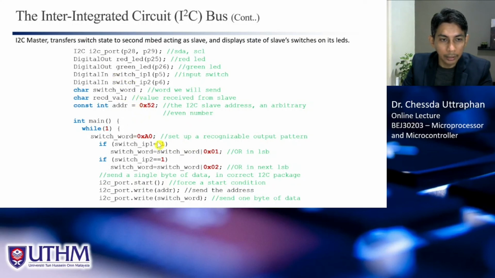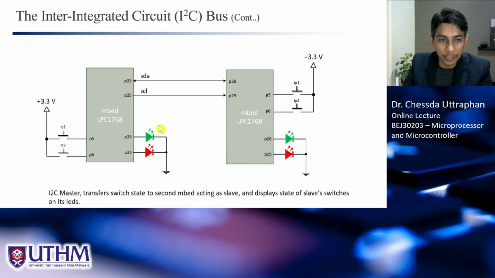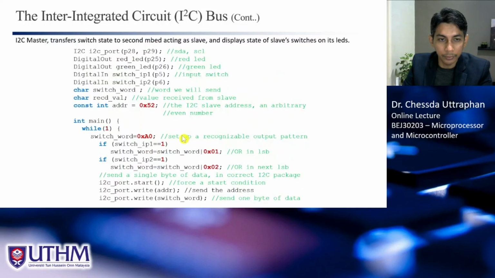And again, we have the data that we want to send plus the switch condition. So this is just an example. You can have any, or you can have only 0, right? And the address, let's say the address we set for this slave is 52, or 52 in hexadecimal.